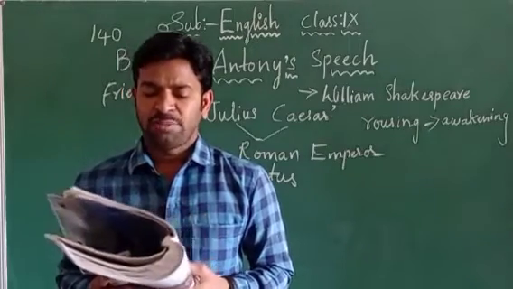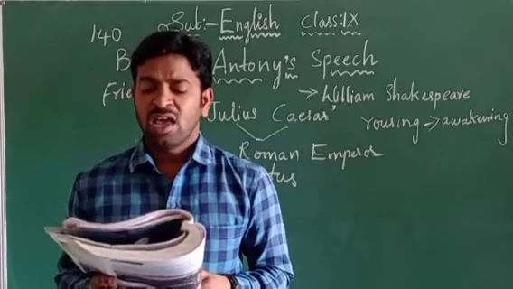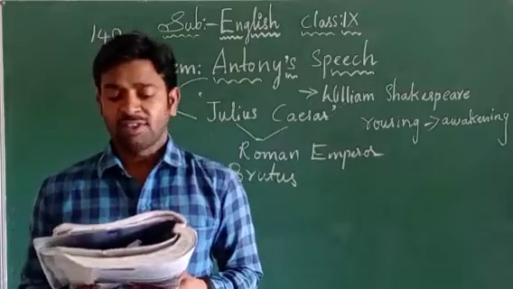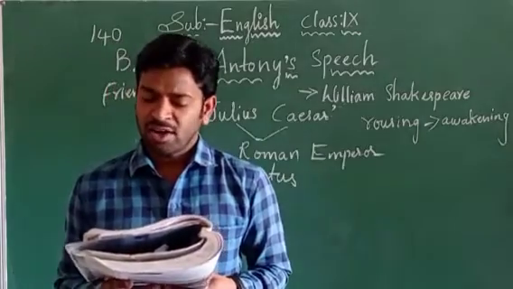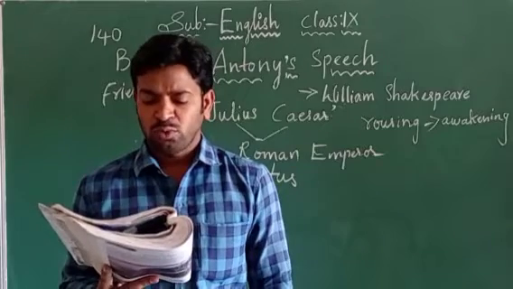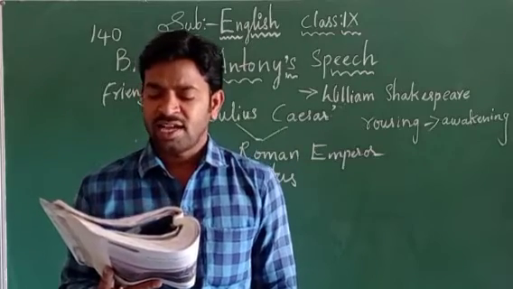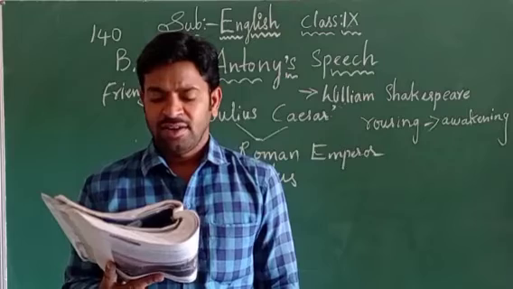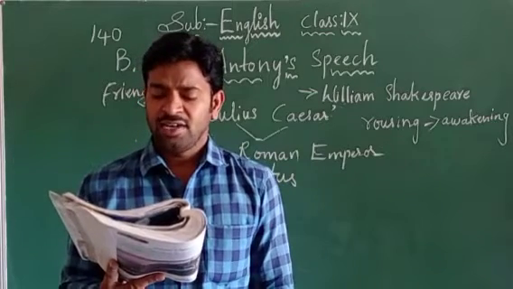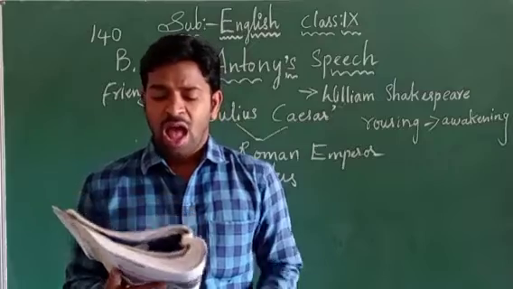Come I to speak in Caesar's funeral. He was my friend, faithful and just to me. But Brutus says he was ambitious, and Brutus is an honorable man. He hath brought many captives home to Rome, whose ransoms did the general coffers fill. Did this in Caesar seem ambitious? When that the poor have cried, Caesar hath wept.